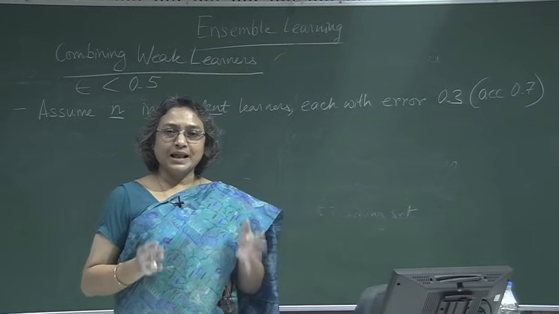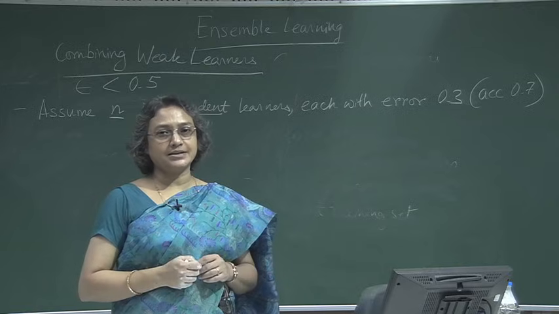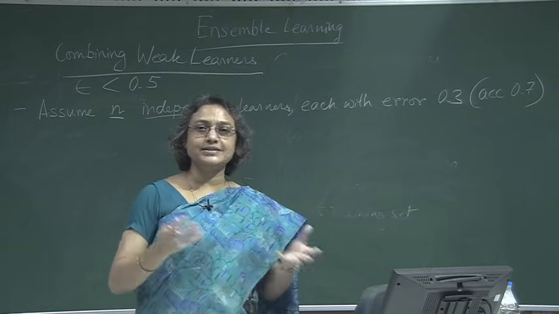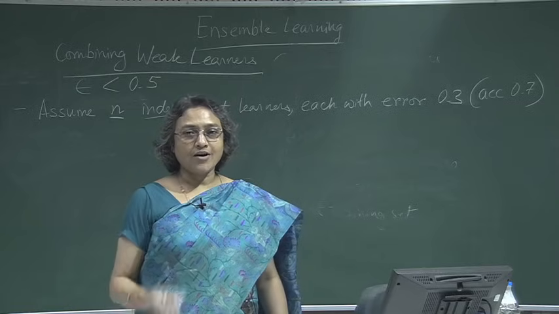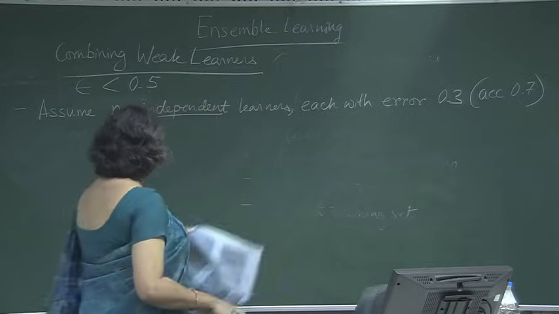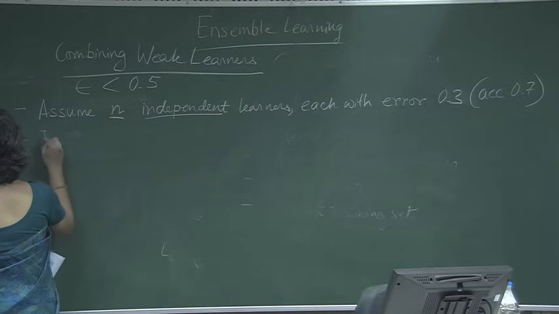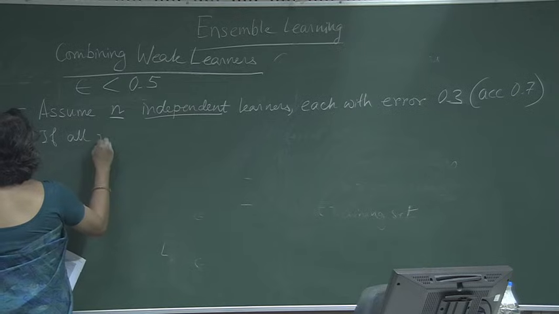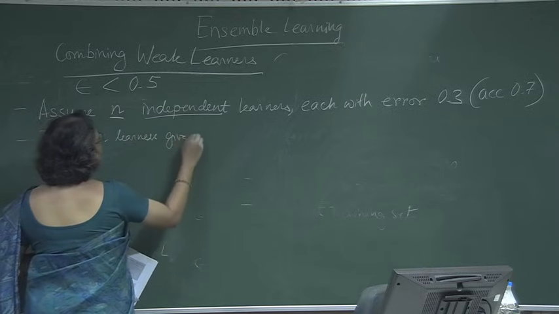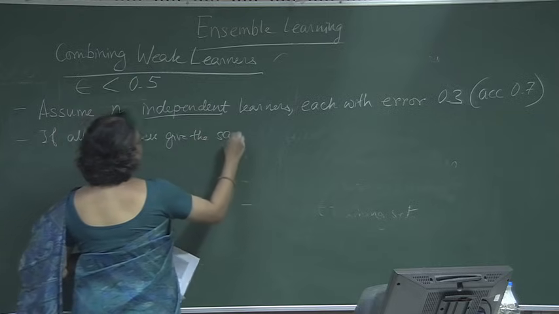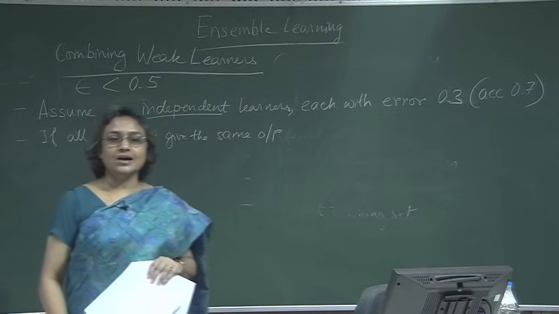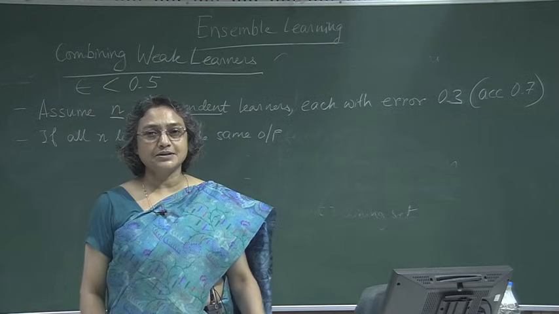Now, you apply the learners on some test data. It can be that all the learners give the same output. That is a possibility. Now, if all n learners give the same output on a test example, then what is your confidence on the test example?